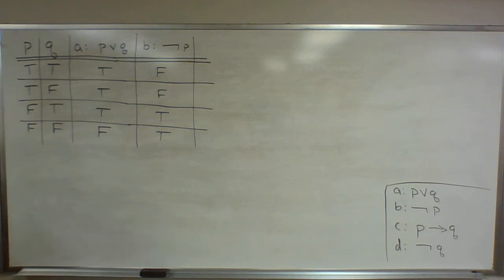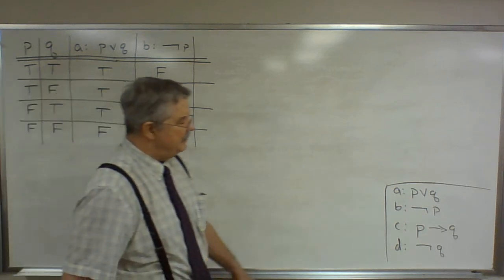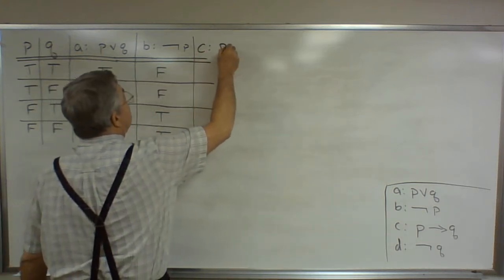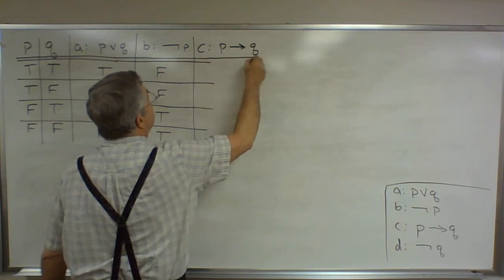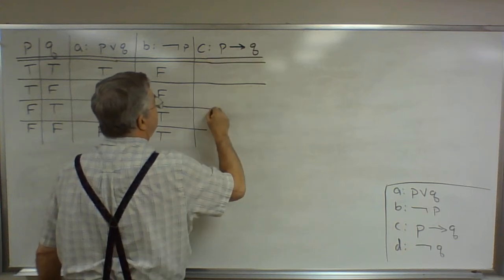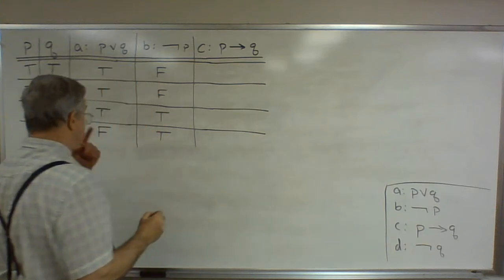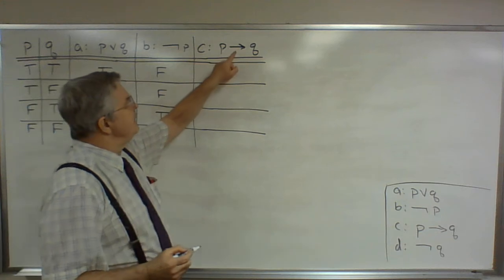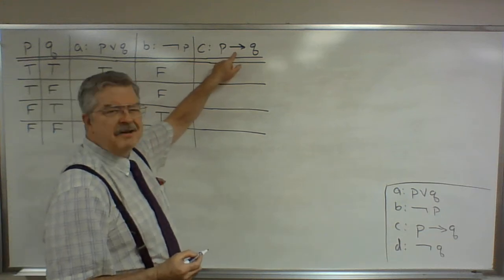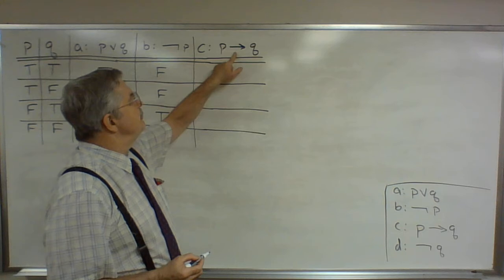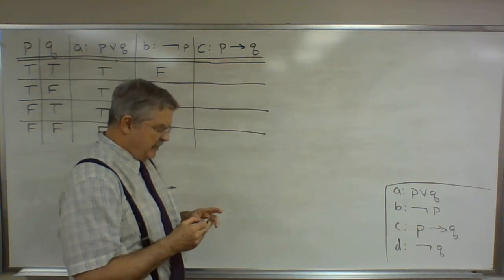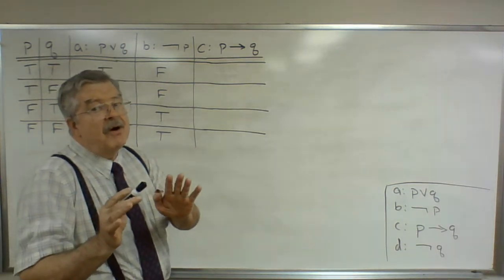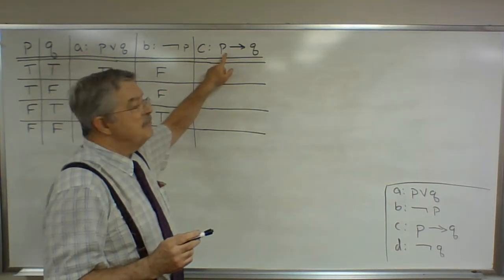Okay. Next condition or specification is C. P implies Q. And this is an if-then, a conditional statement. We can also say P implies Q. The special case for this, the only time it's false is when we have what?